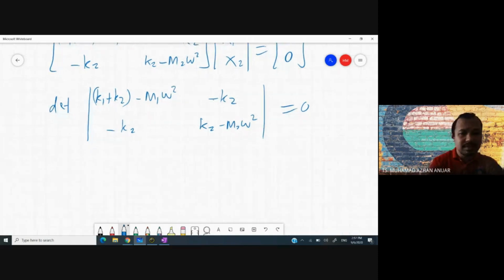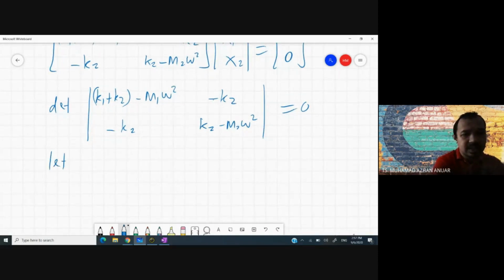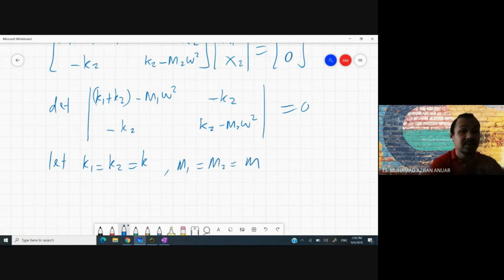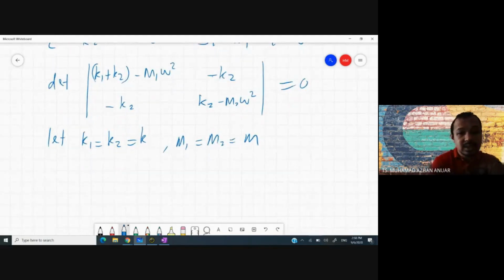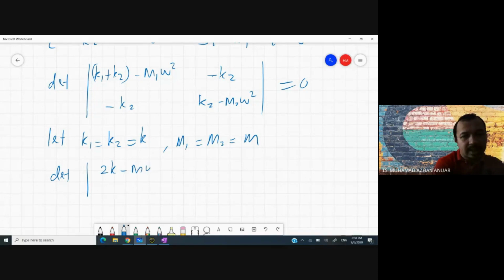So let us make another assumption: k1 is equal to k2 is equal to k, and m1 is equal to m2 is equal to m. Let's use one particular representation. So our equation is now 2k minus m omega square, minus k, minus k, and k minus m omega square.